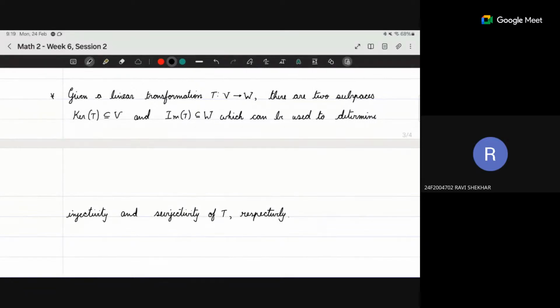Now, once we have these concepts for linear transformations, it is important to ask what they mean for the matrix of the transformation.